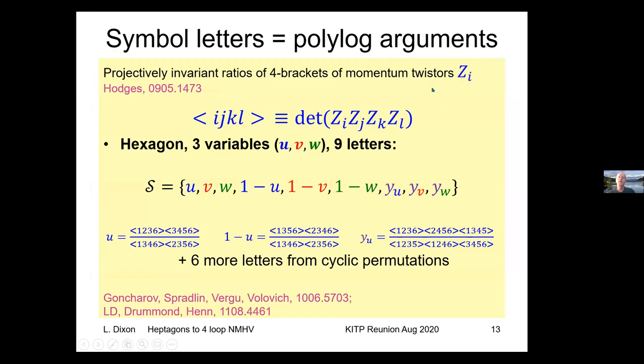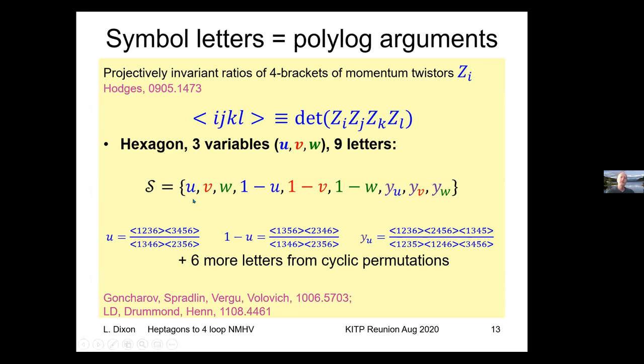Once you use these momentum twistor variables due to Andrew Hodges, and the invariant combinations of them that are determinants of these vectors denoted by 4 brackets, and these carry a scaling that you need to remove to make everything projectively invariant. Those combinations are the right arguments for the polylogs, or more technically, the letters of the symbol.